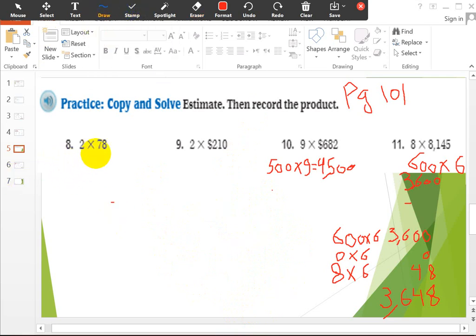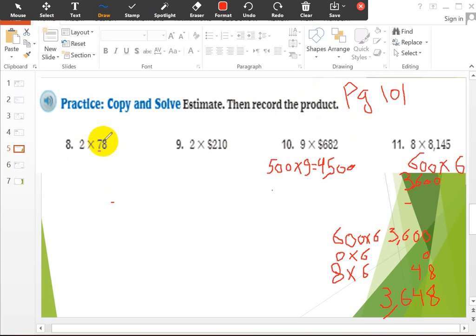Now I want to multiply 2 with 778. First I want to estimate the answer, then I want to find the product. So let's first estimate the answer. If you want to round this number, this is a tens number. If I want to round it into the nearest 10, this is the tens digit. Before the tens I have 8. 8 is greater than 5, as we learned in estimation.